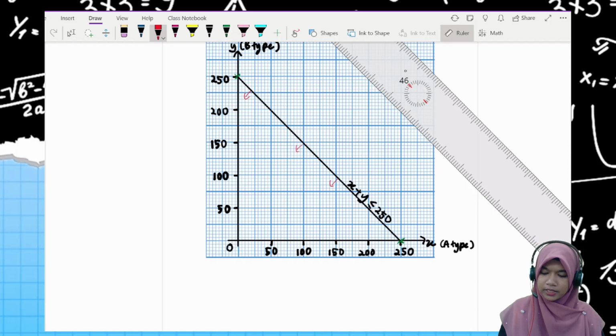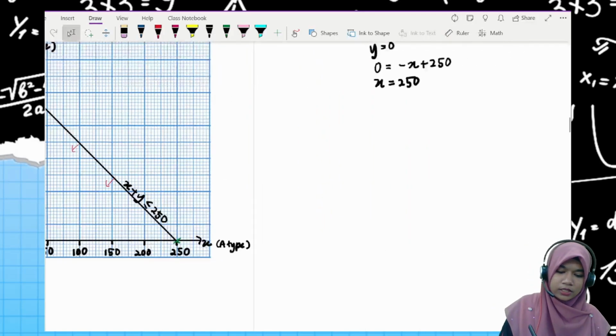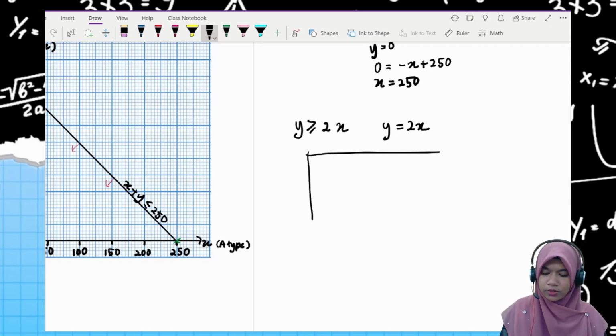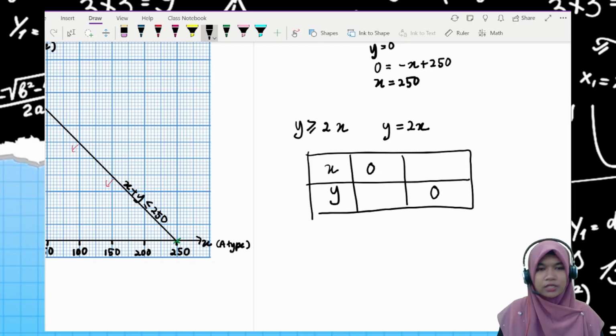For the second inequality, y greater than or equal to 2x, so the equation is y equals 2x. You have the table of values here: x, y, when x equals 0 and when y equals 0.